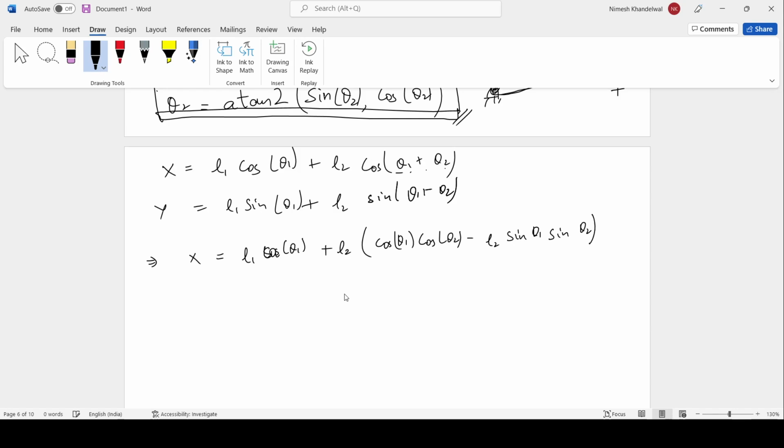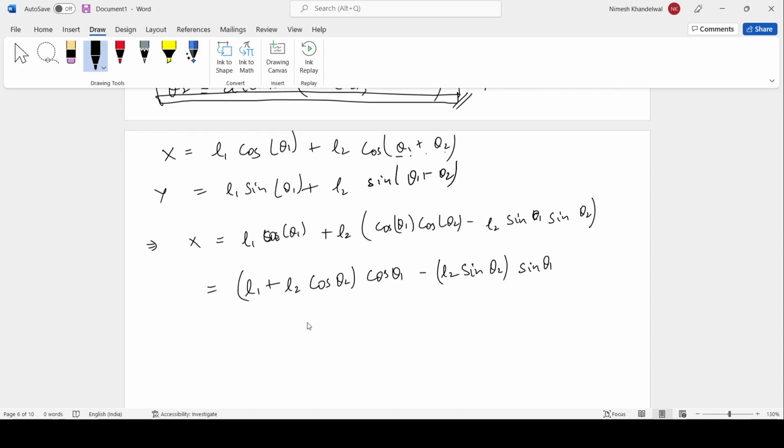So we can write this as L1 plus L2 cos theta 2, times cos theta 1, minus L2 sin theta 2 times sin theta 1. I just rearranged the terms to write it in this form.